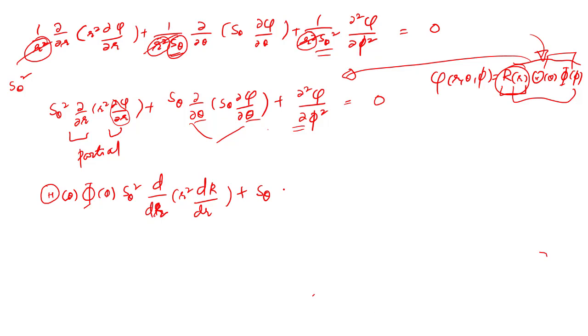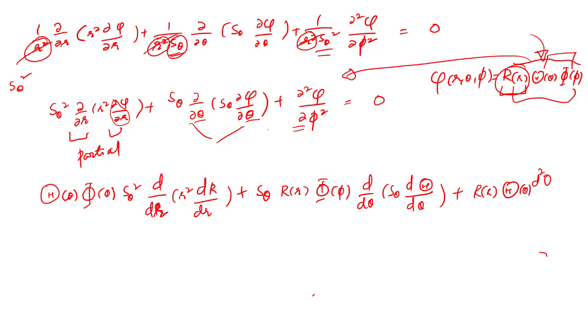So I would have sine theta R of r Phi of phi d by d theta of sine theta dTheta by d theta. Similarly, for the final one, we would have R of r Theta of theta d square Phi by d phi square is equal to 0.